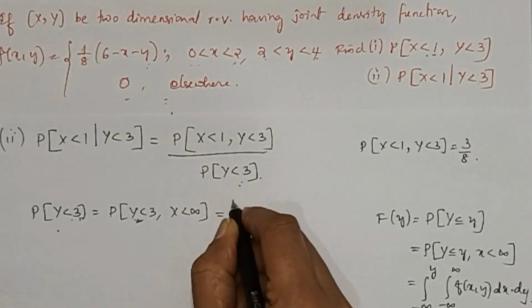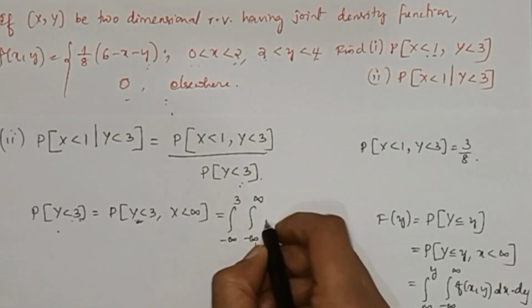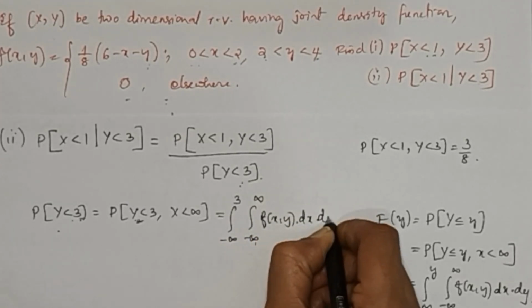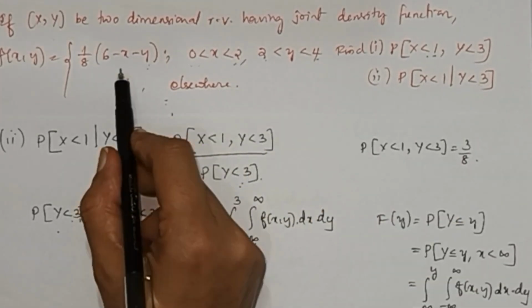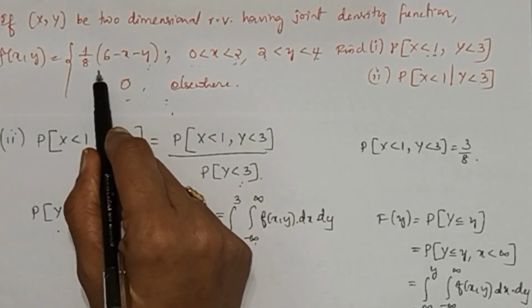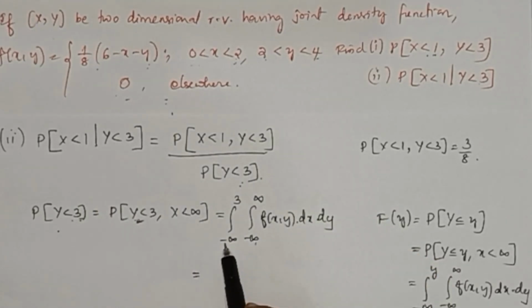So minus infinity to 3, minus infinity to infinity, the x variable's condition, f(x,y) dx dy. Now see the function definition. If x is between 0 to 2, then only this is the value of the function. In all other cases, the function is 0. Therefore, from minus infinity to 0, the function is 0.